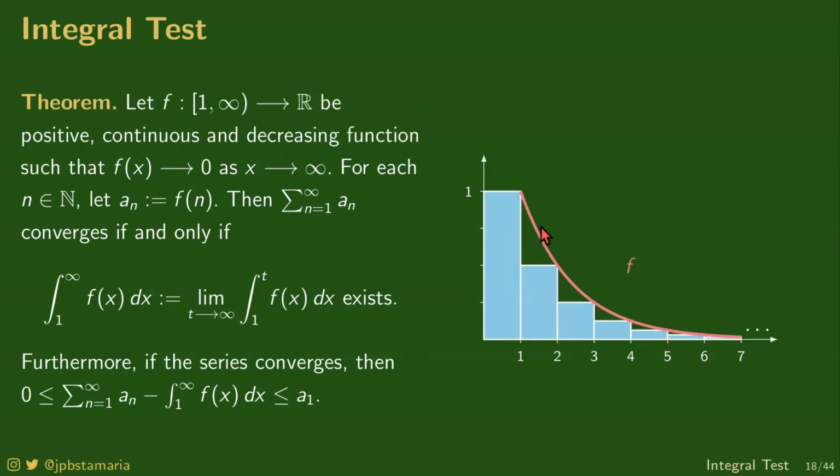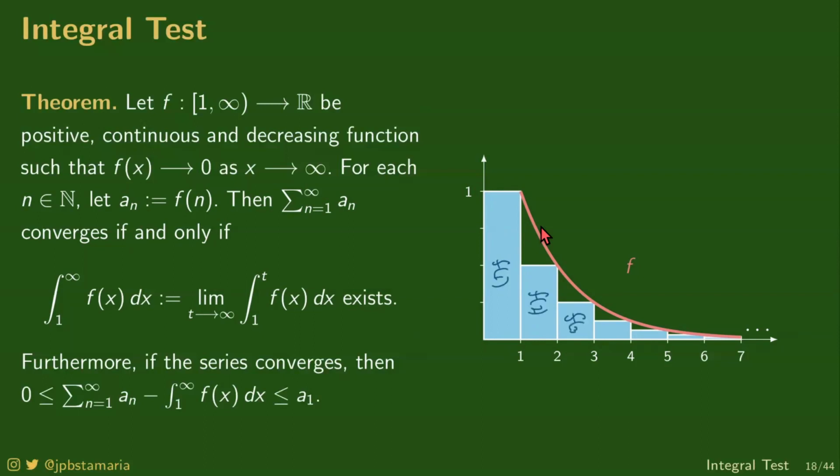Since 1 unit ang laktaw-laktaw na ito, pag minultiply ko to with this, or in other words, if I consider the area of this rectangle, yun yung f of 1. Gets nyo ba na yan yung f of 1? Ito yung f of 1. Ito yung f of 2.